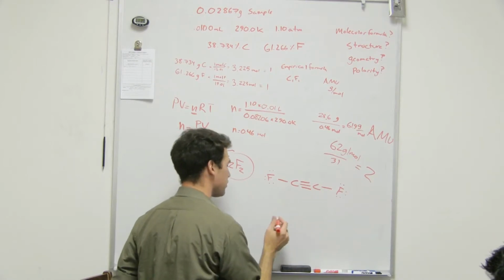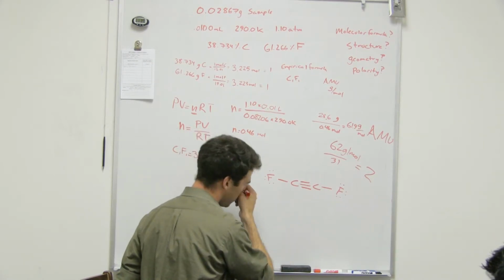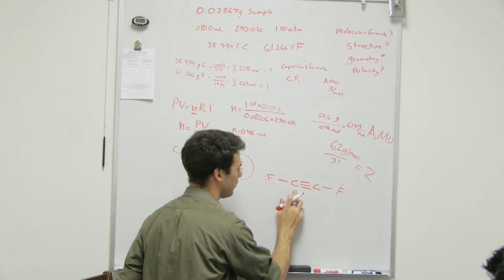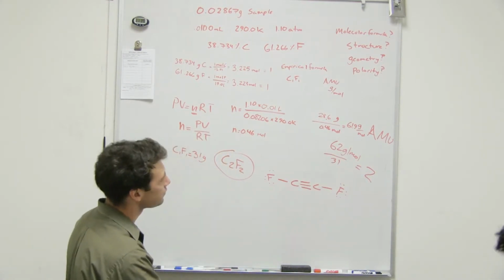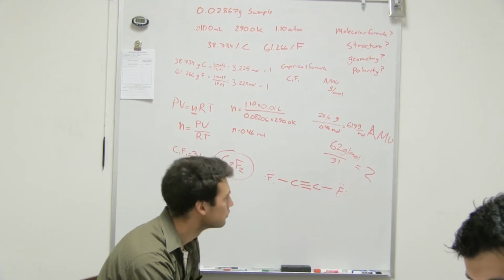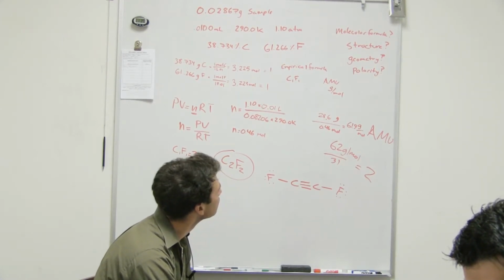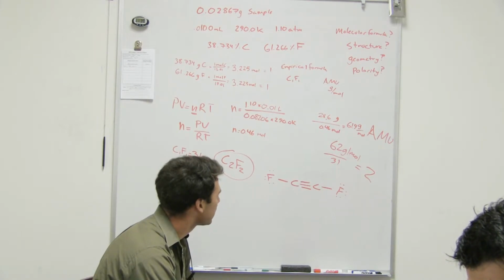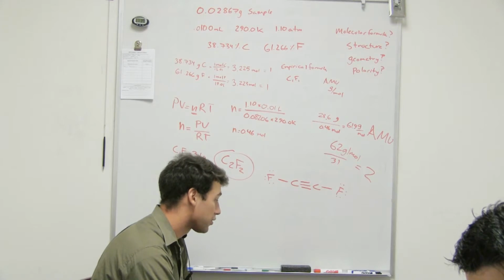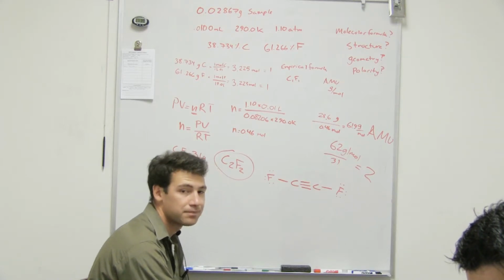So that's our structure: fluorine with a carbon, triple bonded to a carbon with a fluorine. And that works because it obeys the octet rule and has the correct amount of valence electrons.